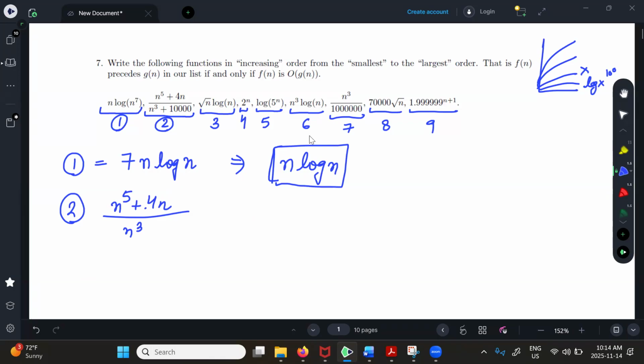So the dominant term is n^5, and the dominant term in the denominator is n cube. I have examples solving this in my lecture notes, okay? I can simplify it further. This is basically n squared. You see, it looks scary, but when you remove the frills, it becomes a very simple quadratic function.